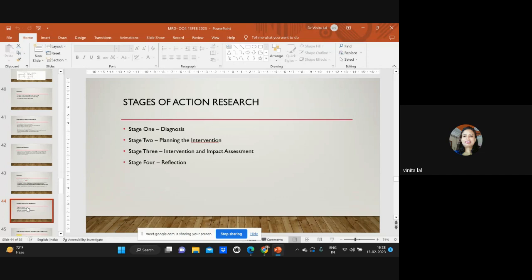Then stage two, planning and intervention. Planning and intervention involves a selection procedure, designing the intervention, sampling, administration, choice of material, and choice of method for evaluation. Stage three is intervention and impact assessment. This has two points. Number one is implementation of the project.